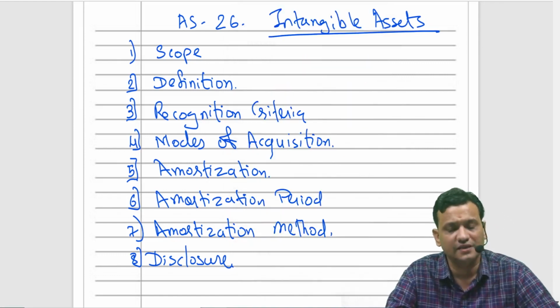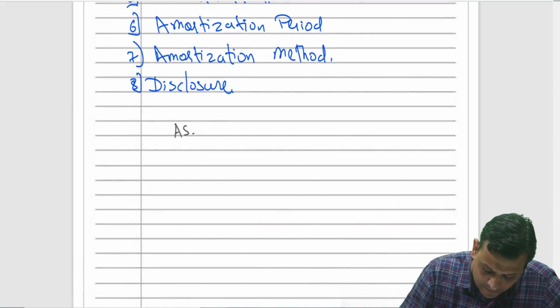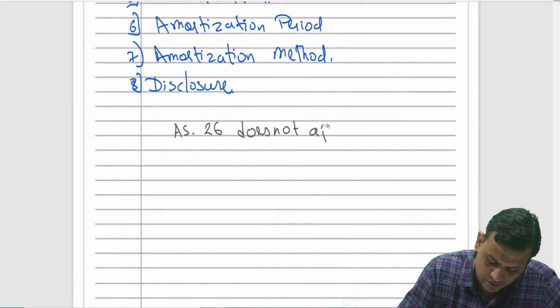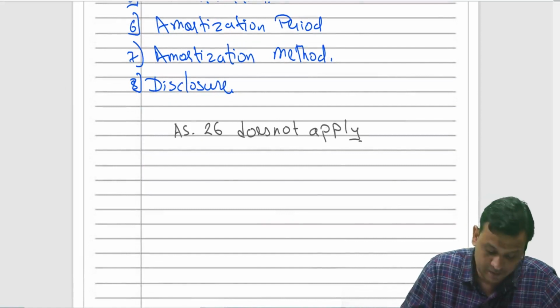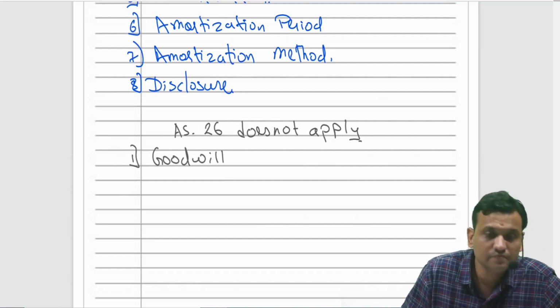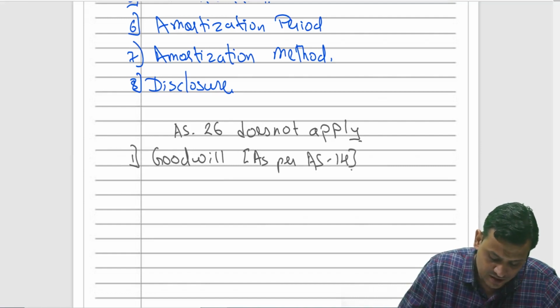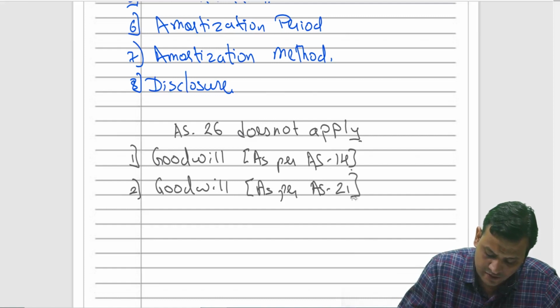Of course, rather than saying where does it apply, I would say where it does not apply. That is the scope. Number 1, goodwill. As per AS 14, in amalgamation, goodwill arising is not covered by AS 26. Goodwill as per AS 21.